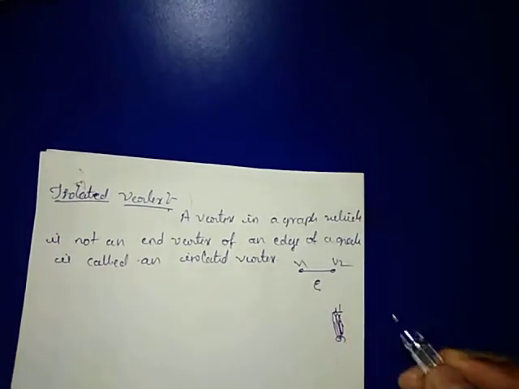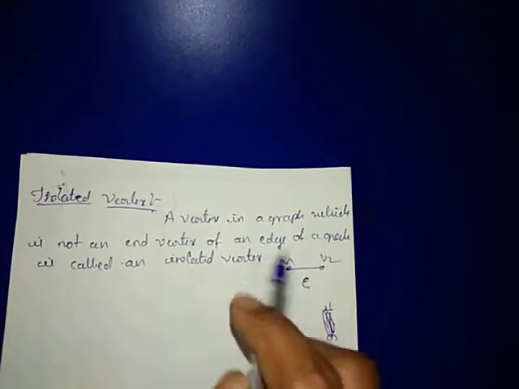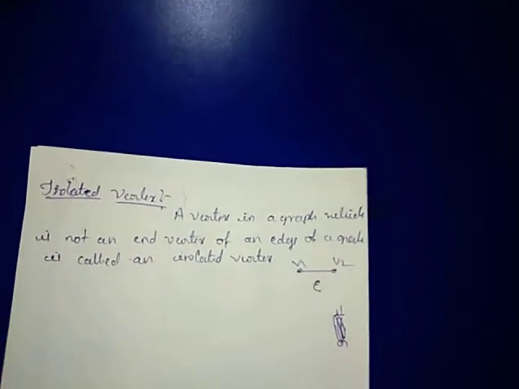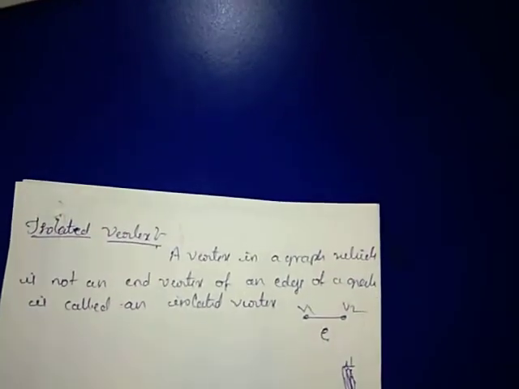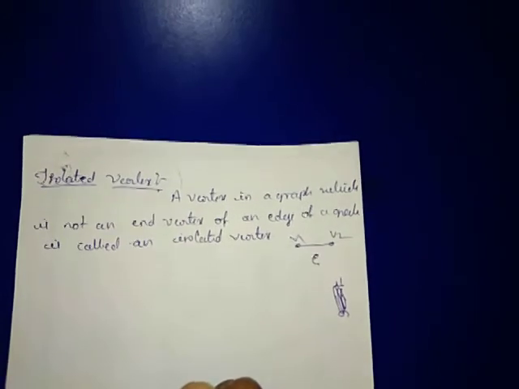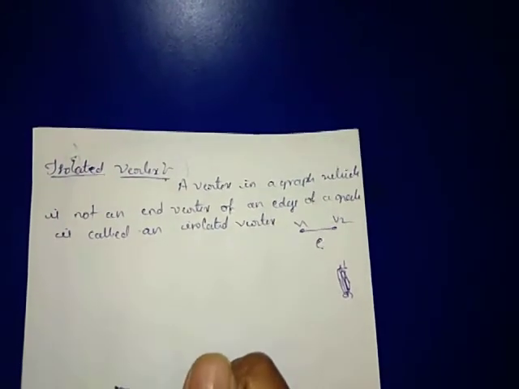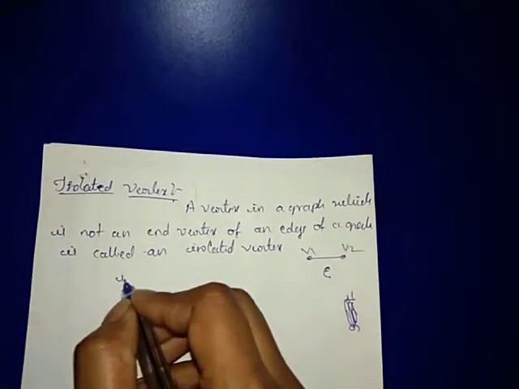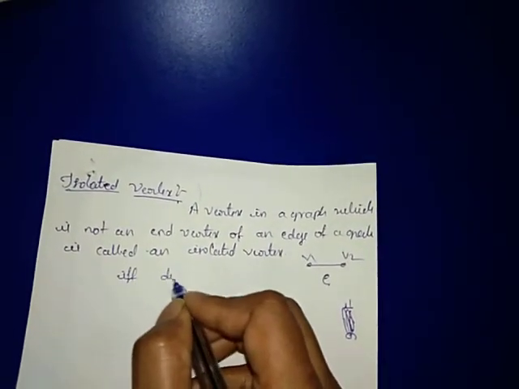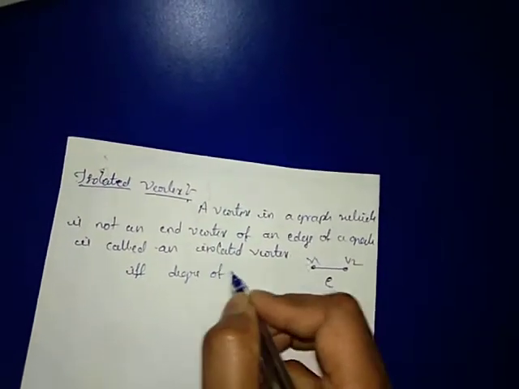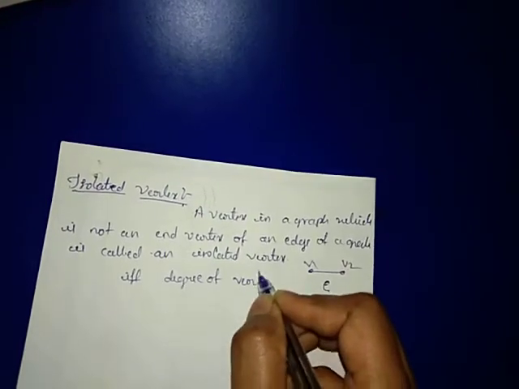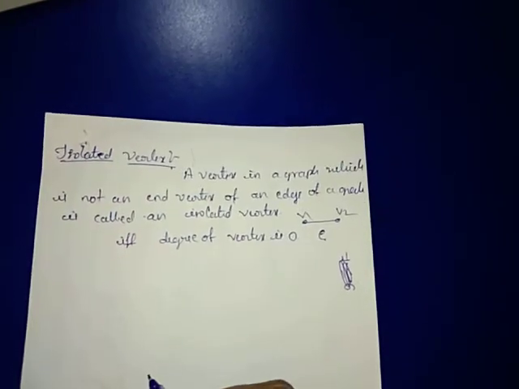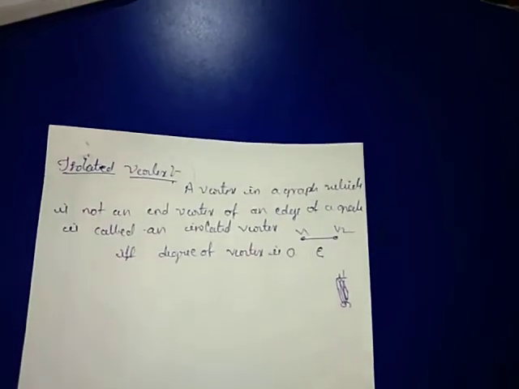Then V1 and V2 are called the end vertices. A vertex which is not an end vertex of any edge of the graph will be called an isolated vertex. That means a vertex is said to be isolated if the degree of the vertex is 0.